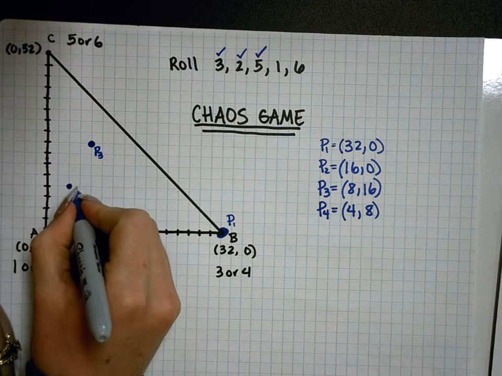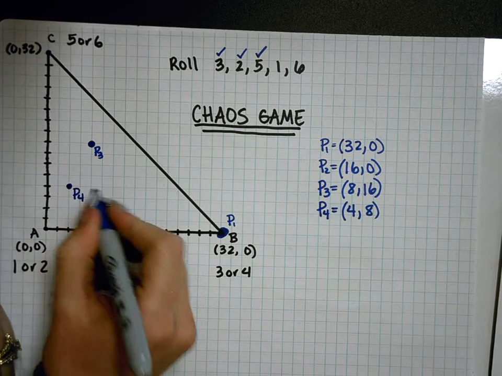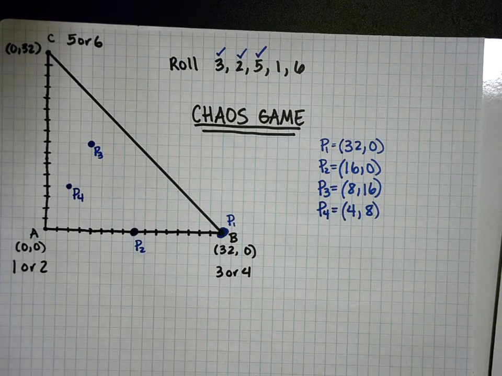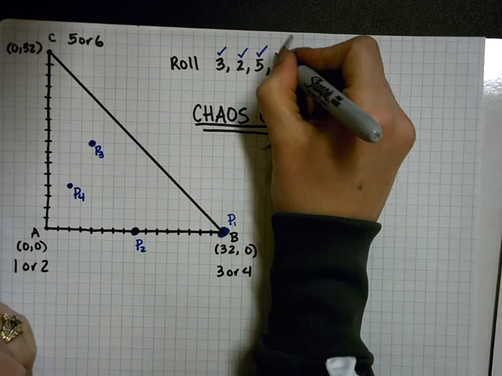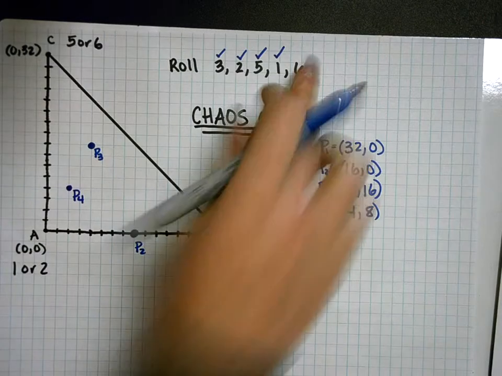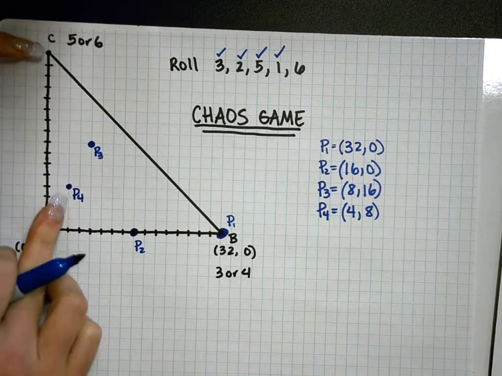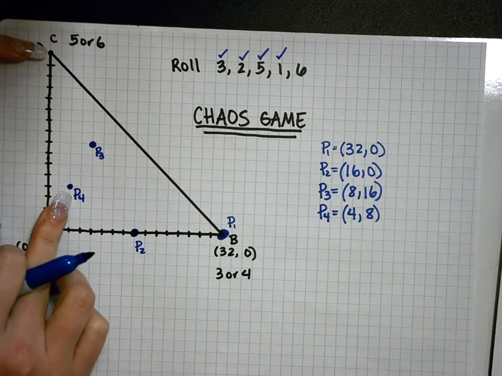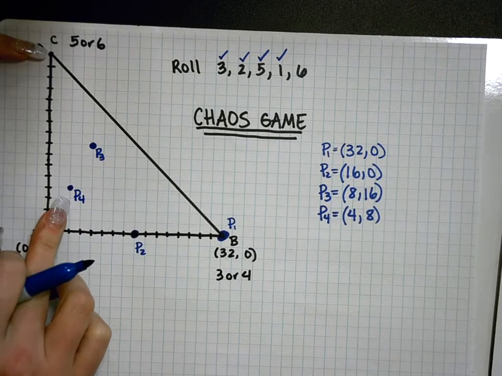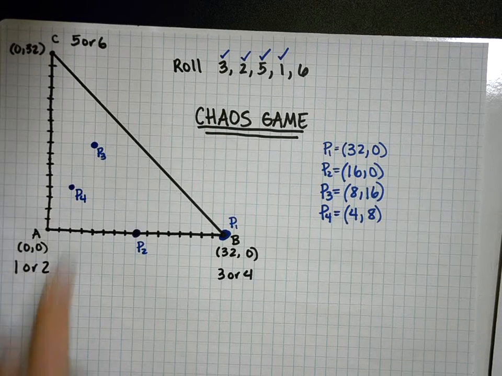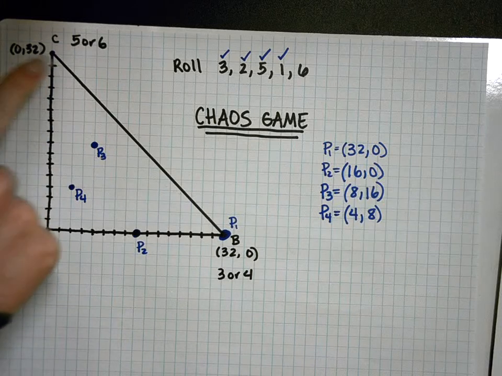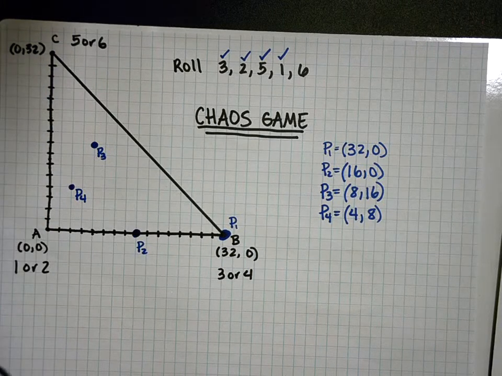And this is P4. And we're done with a roll 1. Our last one, a roll 6. 6 corresponds with C. Our last point was P4, so now we need to find the midpoint between these 2 points, P4, which is 4, 8, and C, which is 0, 32.